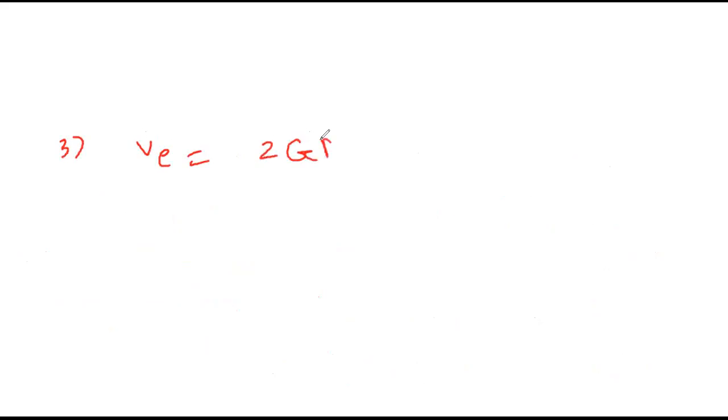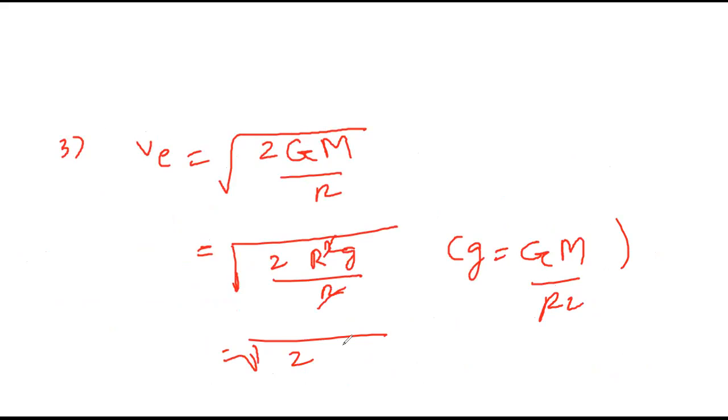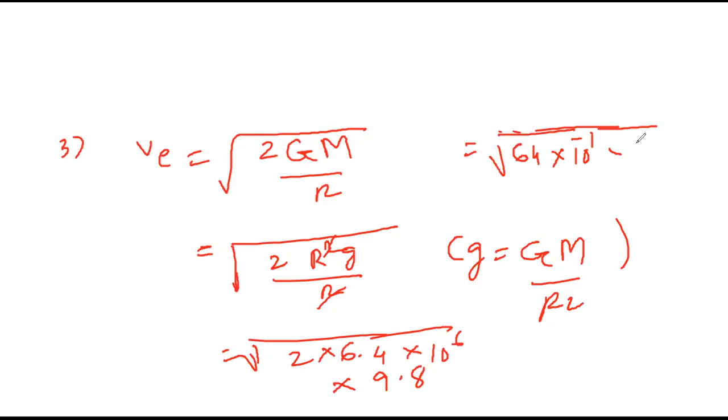ve is root of 2GM by R. Now those who have attended from the beginning, this GM I can write, small g is GM by capital R square. So root of 2R square g upon R, this is 2gR. Radius of Earth is 6.4 into 10 raised to 6 and g is 9.8. So this becomes 64 into 10 raised to minus 1 into 10 raised to 6 into 196 into 10 raised to minus 1.